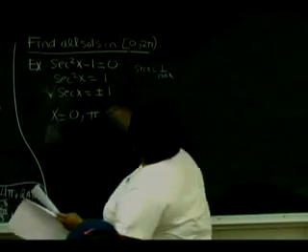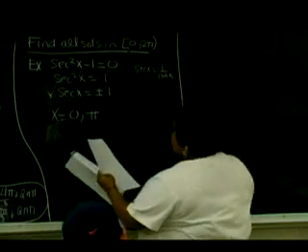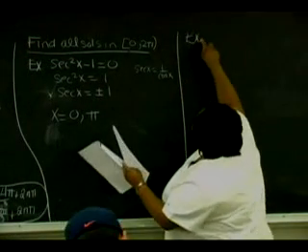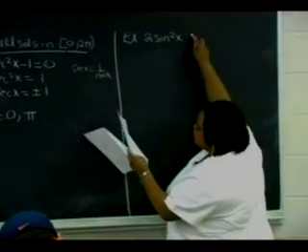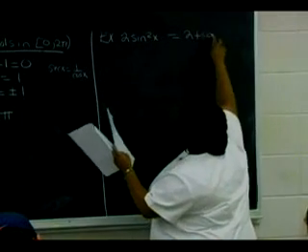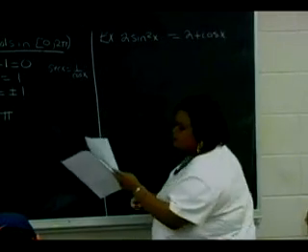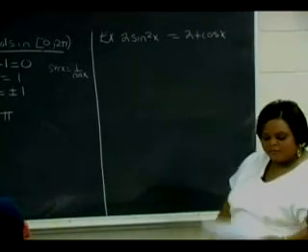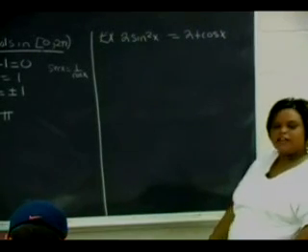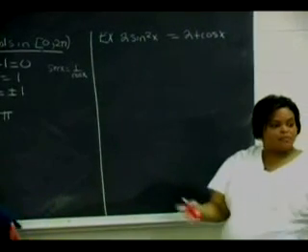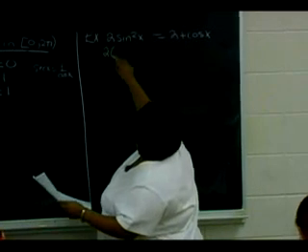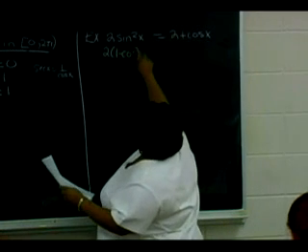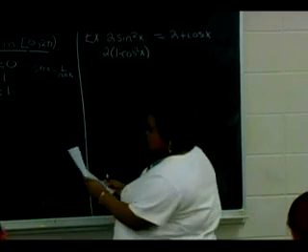Let's go ahead and put this one over here. We need a little space here. The next example: 2 sine squared x equals 2 plus cosine x. Now, we might need to change this sine squared to cosine so that we can have cosines in the problem, right? So what is sine squared? 1 minus cosine squared.